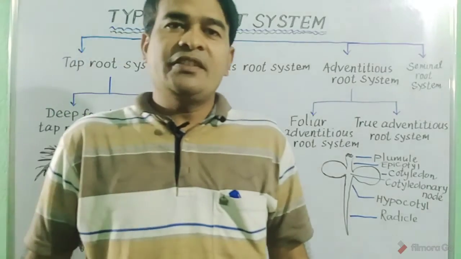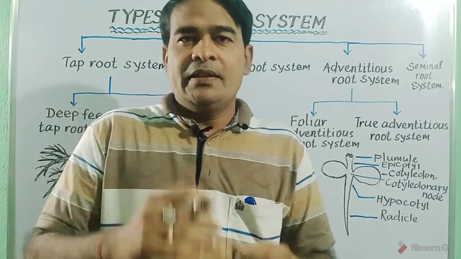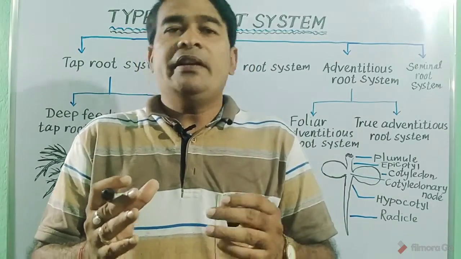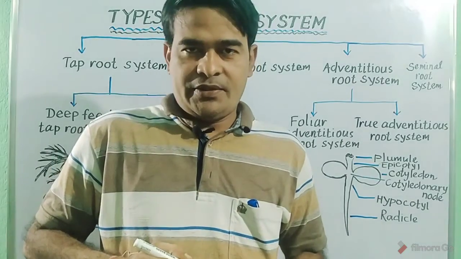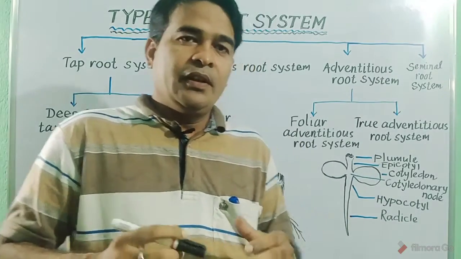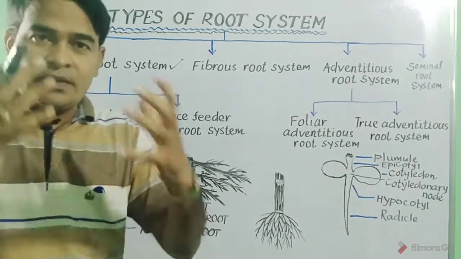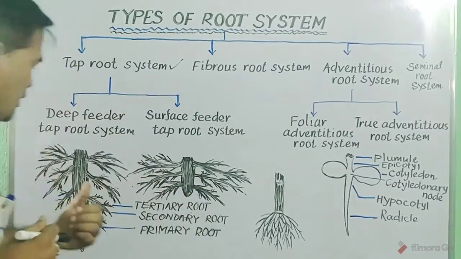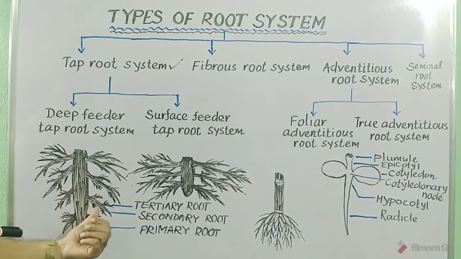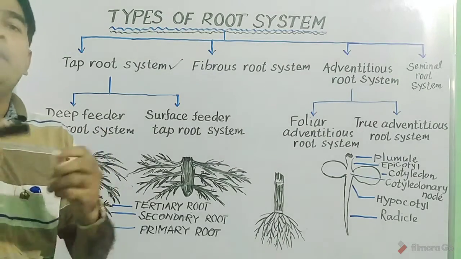A taproot system is that which has the primary root and its branches. That means this taproot system consists of the primary root, secondary roots, tertiary roots, and rootlets.